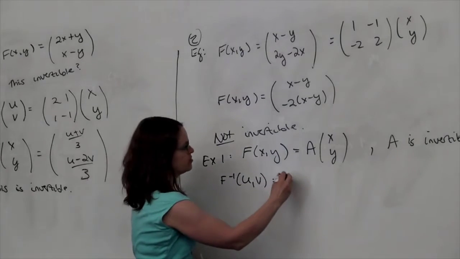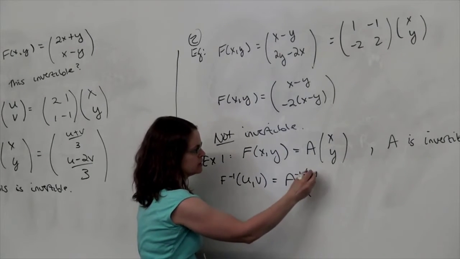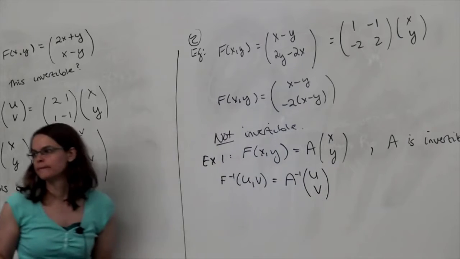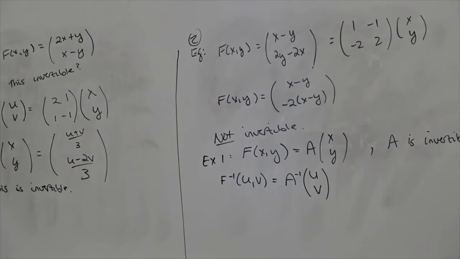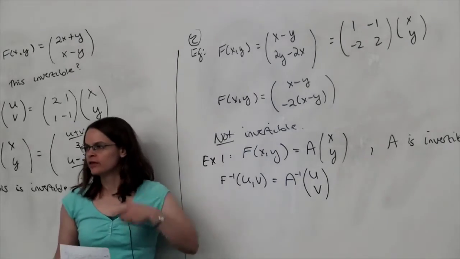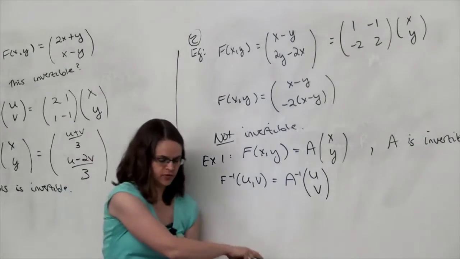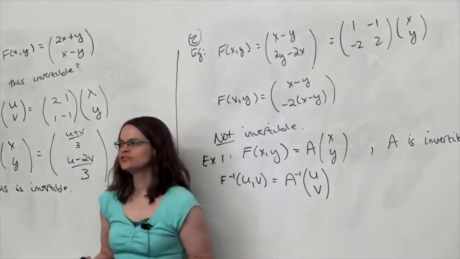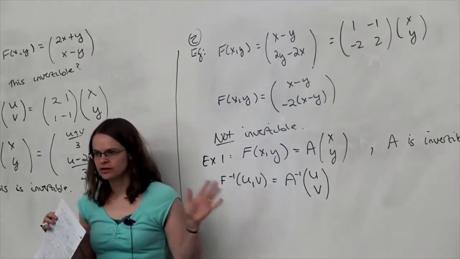Right? So I could write this as A inverse (u, v), because this is a linear system. And this is what we expect in general for linear systems, that it's inverting the matrix that gives us the information. Now, the question is, how does this extend to nonlinear problems?